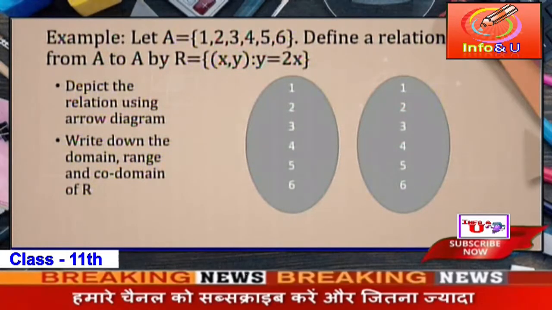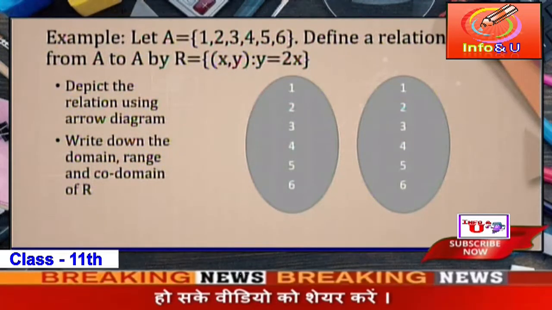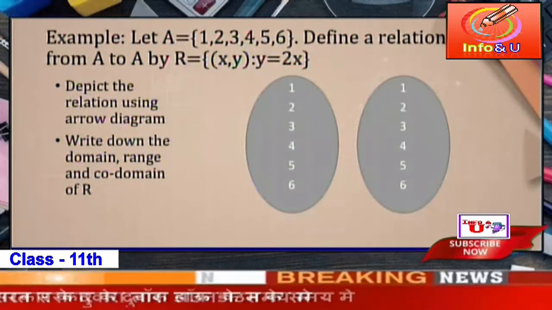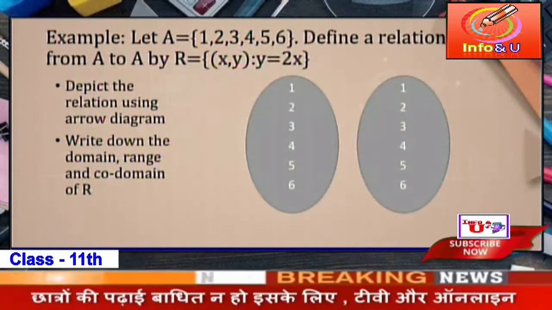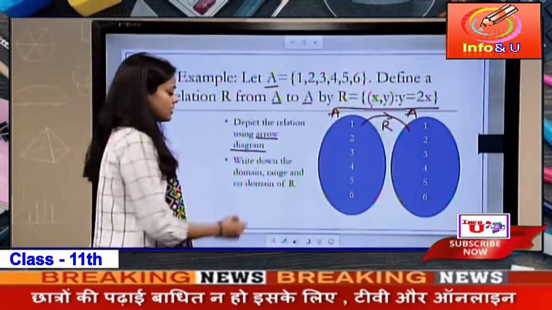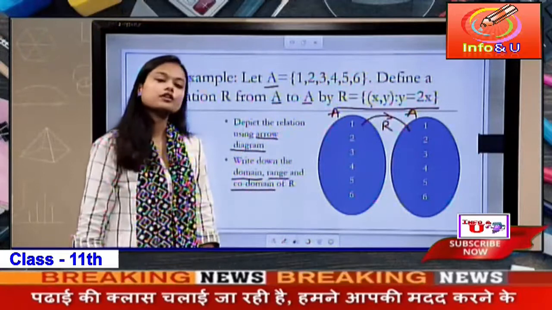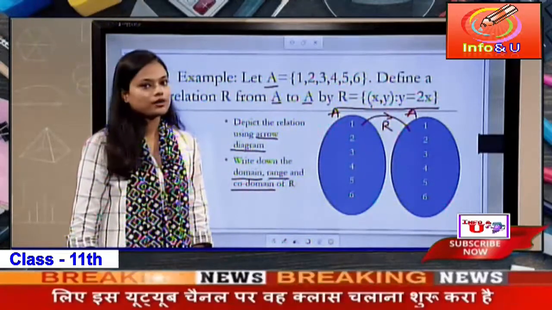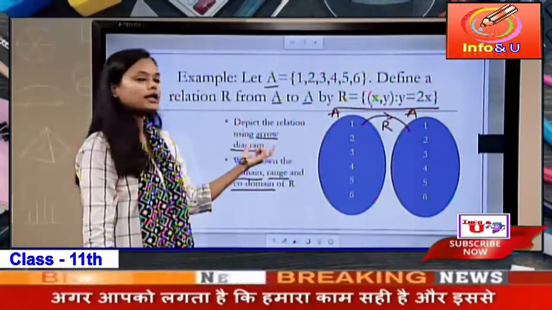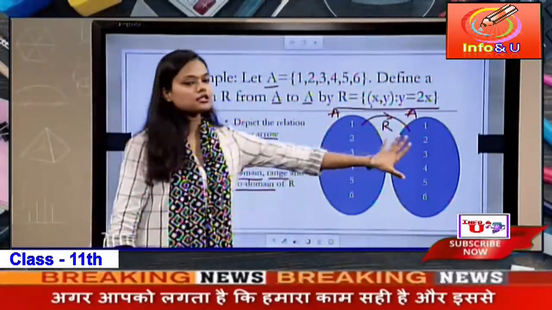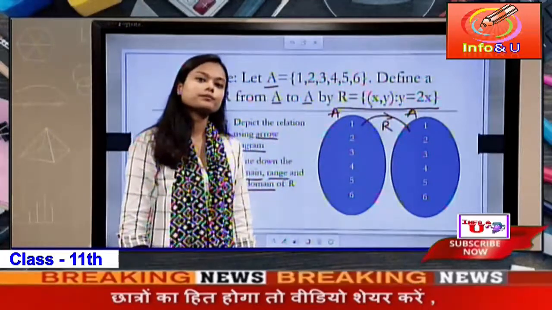What we have to find? Arrow diagram. That means we have to represent our relation with the help of an arrow diagram, and the domain, range and codomain of the relation R. So, first let us represent the relation R in these two sets, which is our arrow diagram.